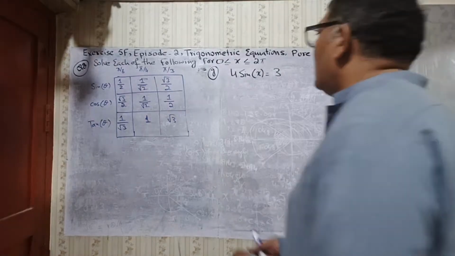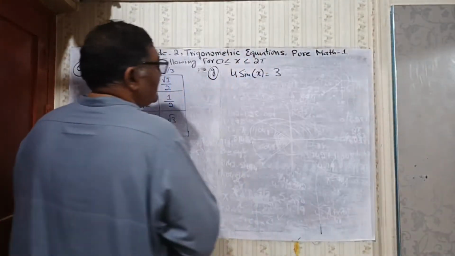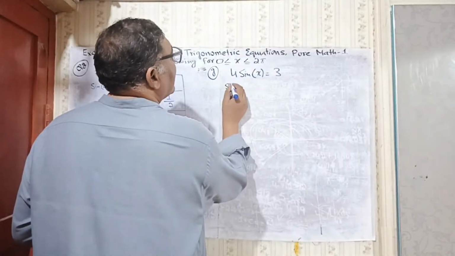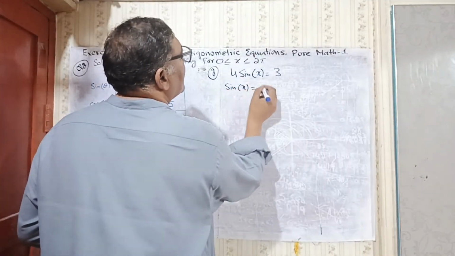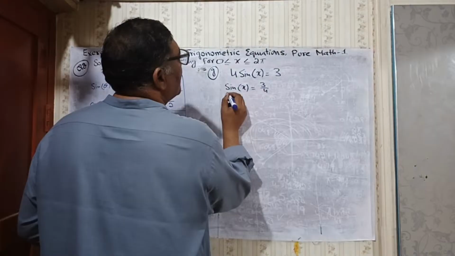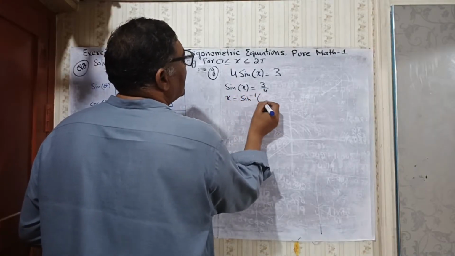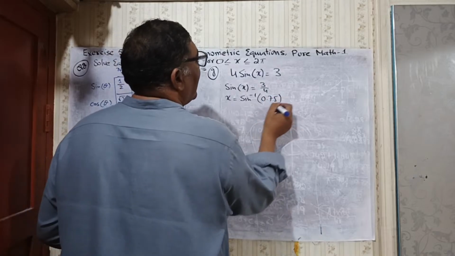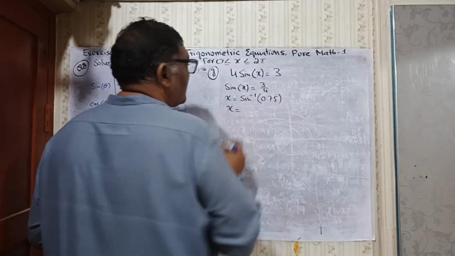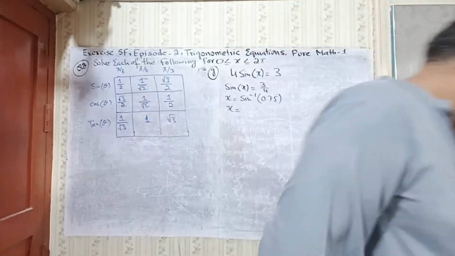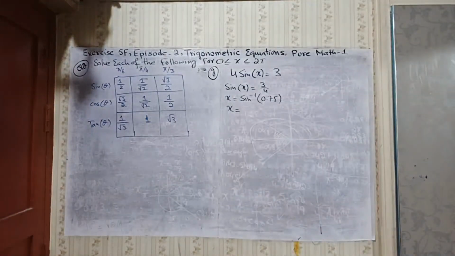Okay, now first of all, this 4 will go to the other side. So you will have sine of x equals 3 by 4, which is 0.75. x equals sine inverse of 0.75. So we will use our calculator, and your calculator must be set in radians.